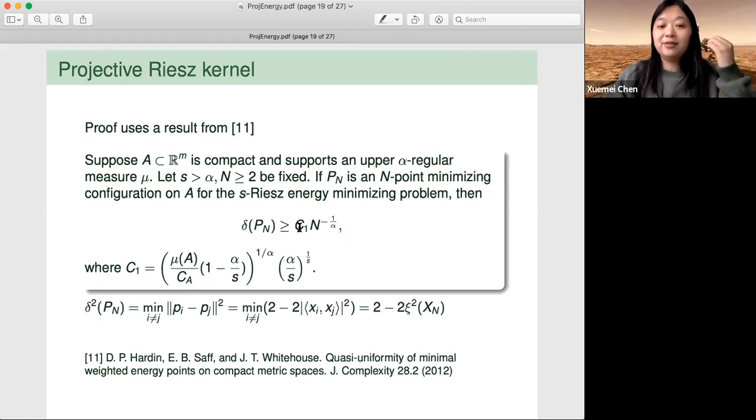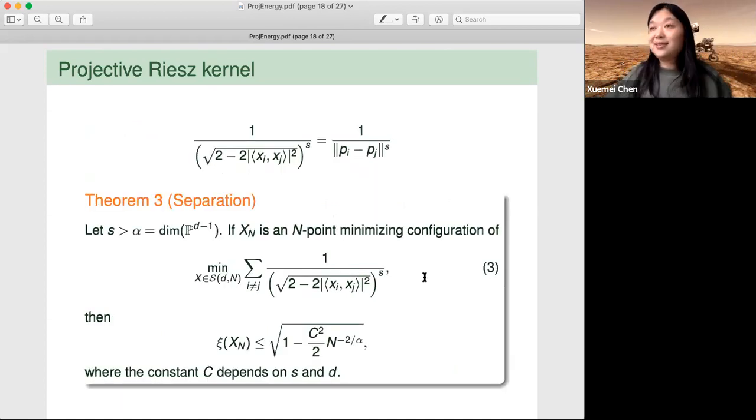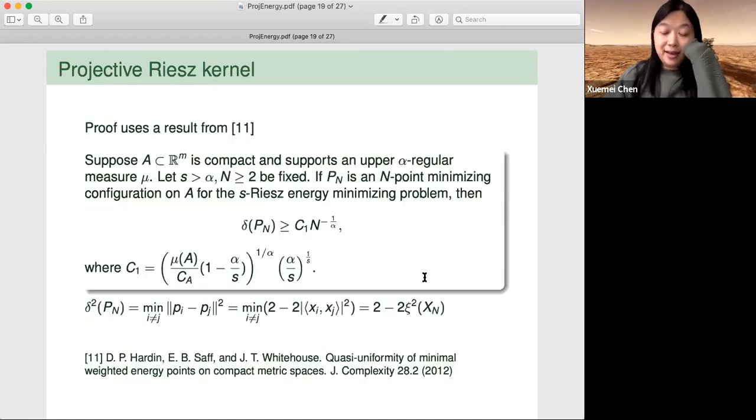It says that this is the worst case scenario, and they compute constants and all that. So this can be translated into this separation theorem. It's not hard at all, just by this conversion here.